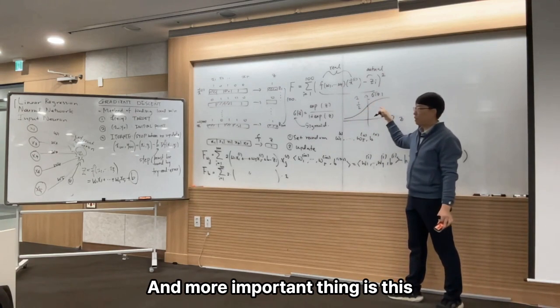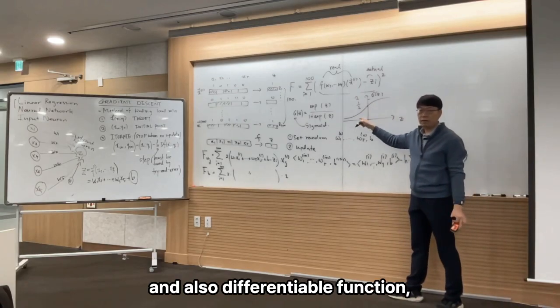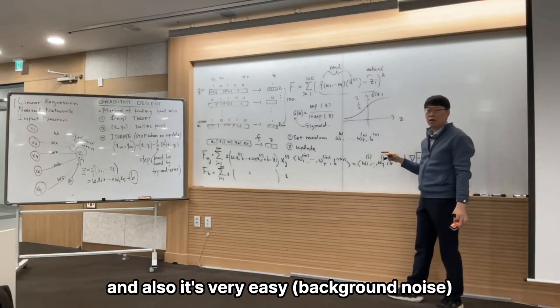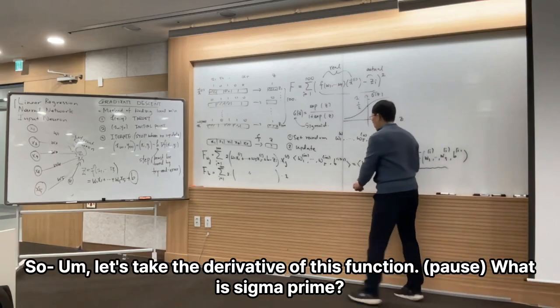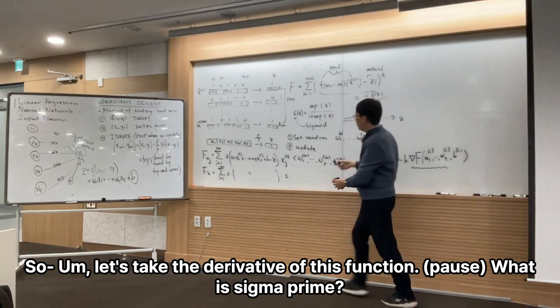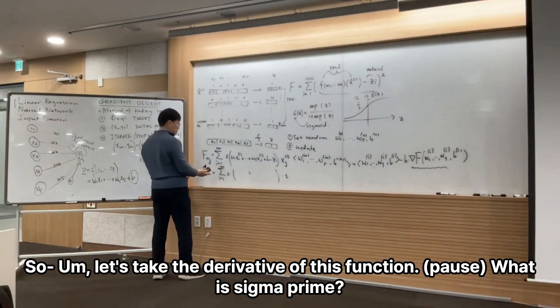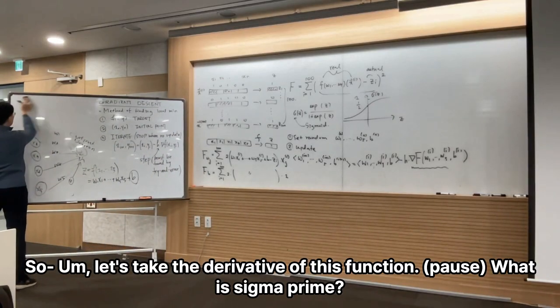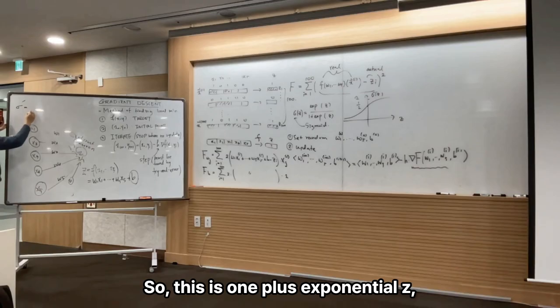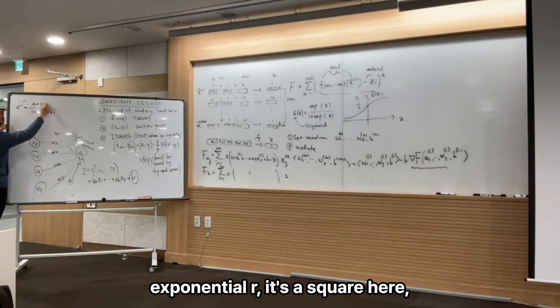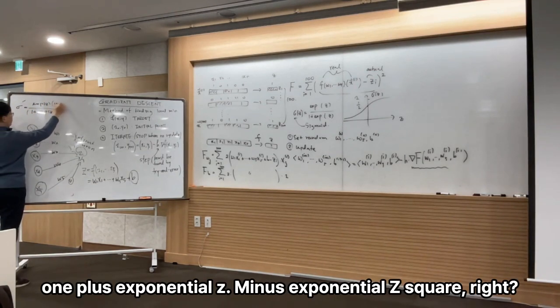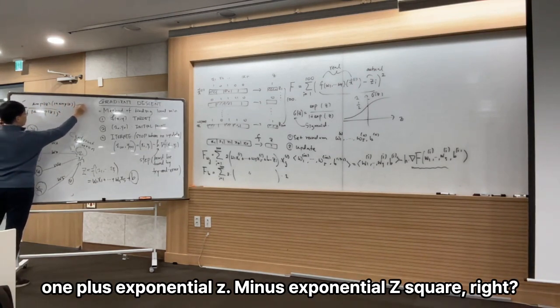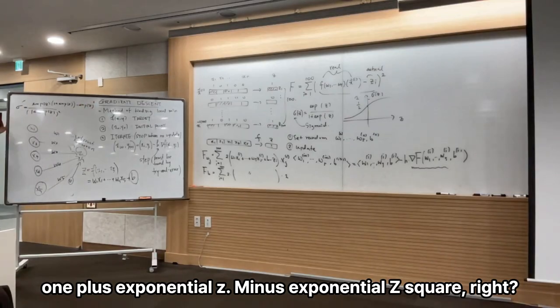And the more important thing is this is a very continuous and also differentiable function. And also it's very easy to take a derivative. So let's take a derivative of this function. What is sigma prime? So this is 1 plus exponential z, exponential z, 1 plus exponential z minus exponential z squared, right?